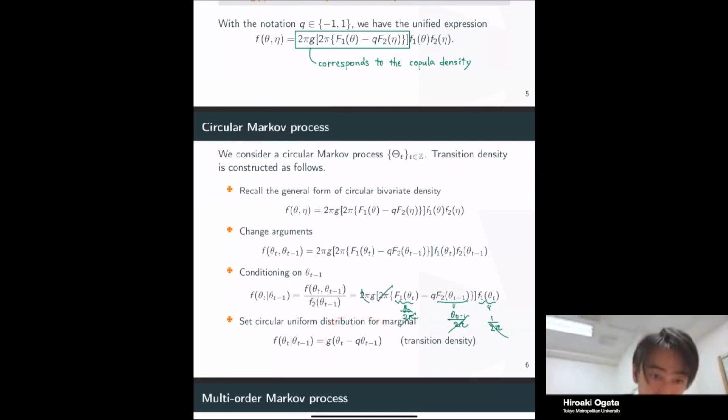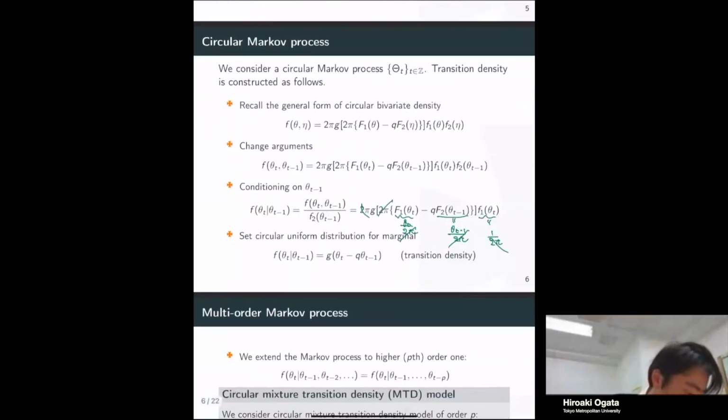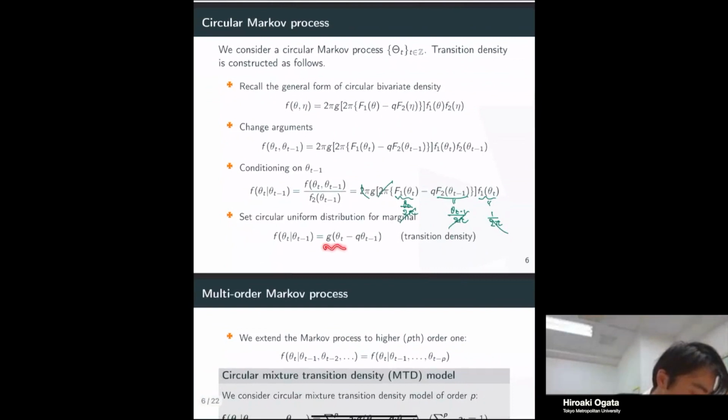This is the transition density, and this function appeared in Professor Kato's talk today. We could find this expression there. This is the transition density of the circular Markov process.